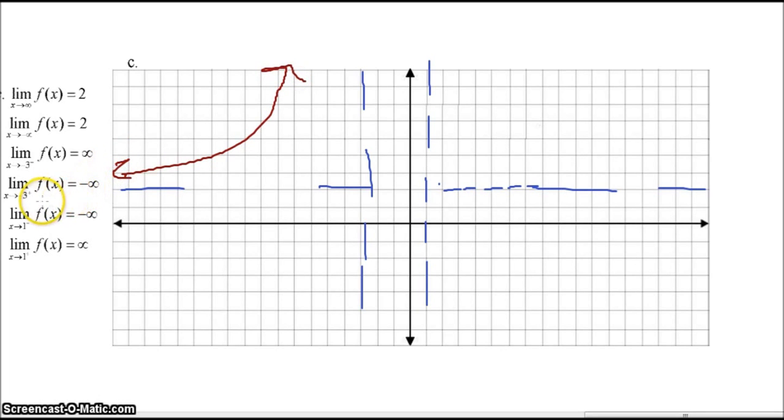As we approach negative 3 from the right, we go to negative infinity. Go down here, but we also have to think what happens as we approach 1 from the left, we go to negative infinity, so maybe something like this on both sides. And finally, as we go to 1 from the right, we go to infinity, so we need something like that.